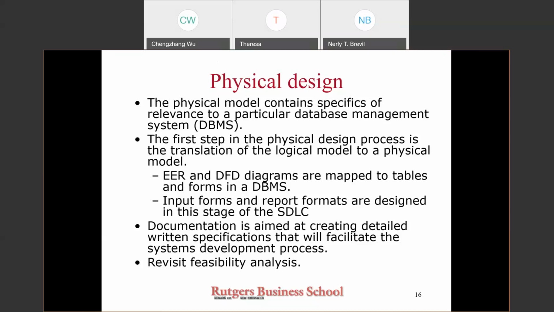In a sense, this documentation is aimed at creating detailed written steps in the system development lifecycle.